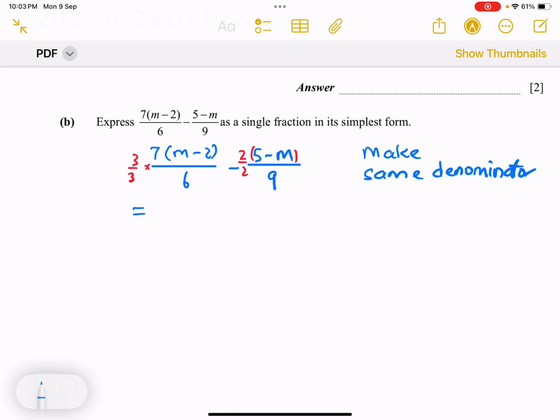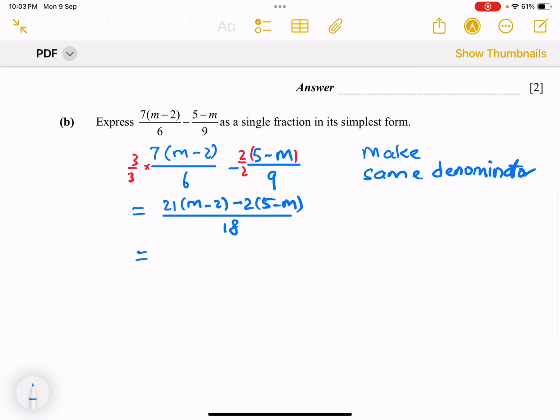Now that we know the denominator is 18, we put it under a single denominator. Numerator: 3 times 7 is 21, and 2 times 5 minus n.